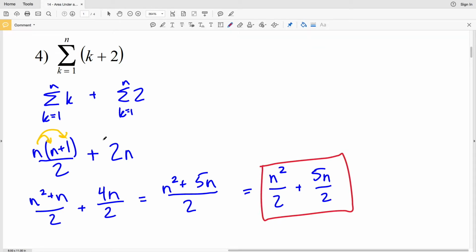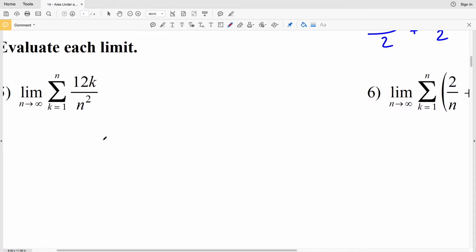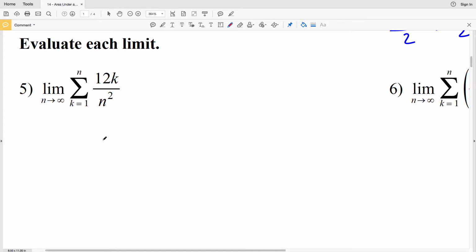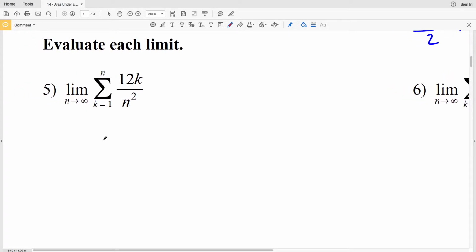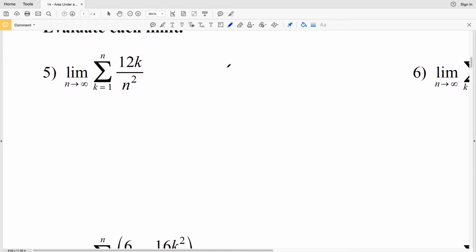Now on to my next 4 problems, numbers 5 through 8. In numbers 5 through 8, we're taking these summations a step further and evaluating the limit of each. So the same rules will still apply, as well as the same formulas.